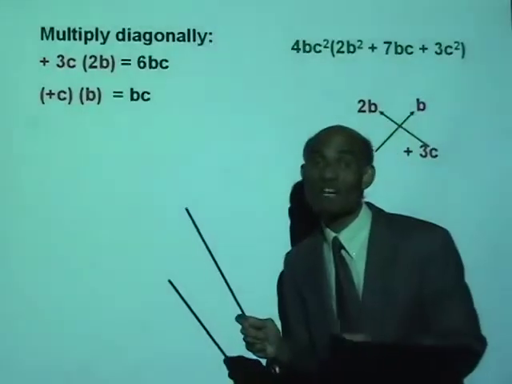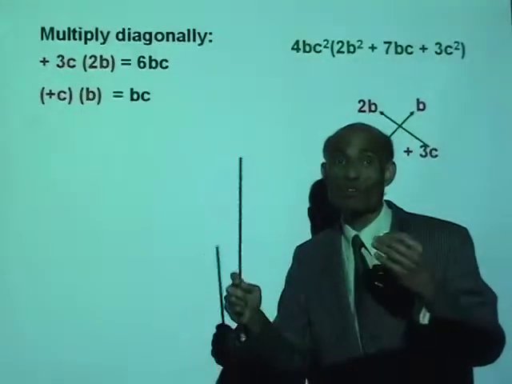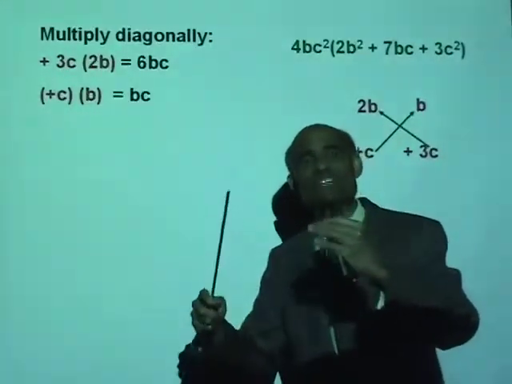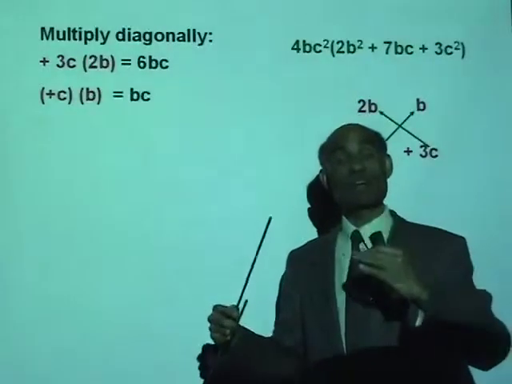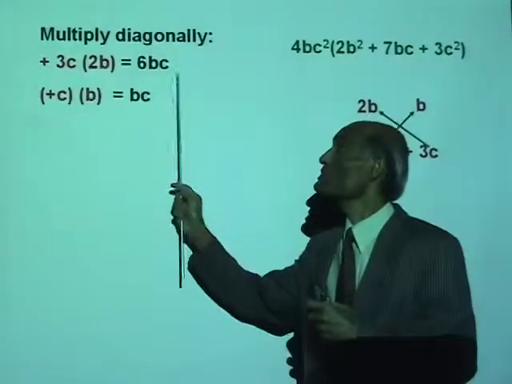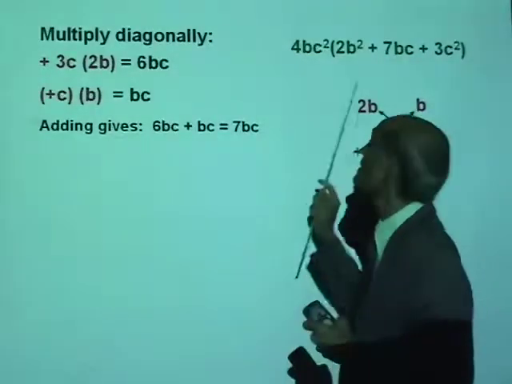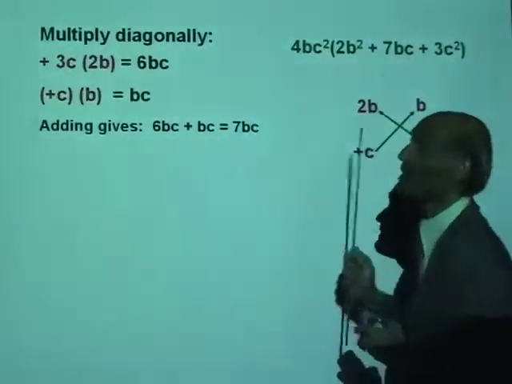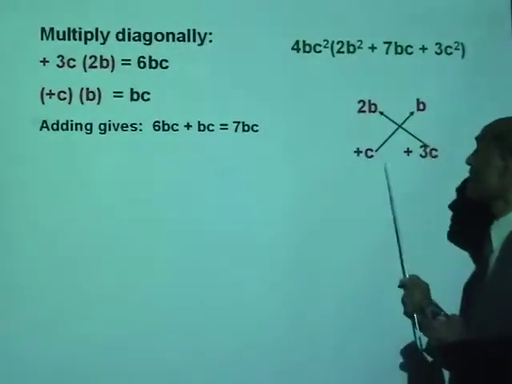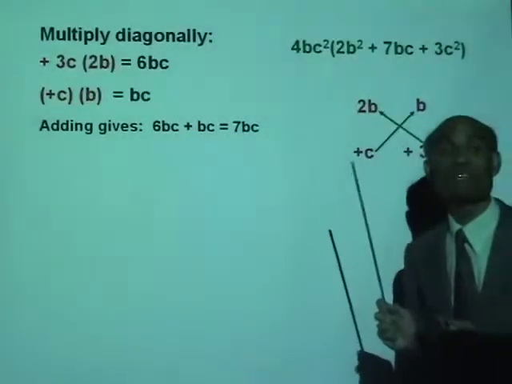Now, do you understand the rationale of my argument? 3 times 2 is 6. 6 plus 1 is 7. 6bc added to 1bc is 7bc. That is our middle term. That means these are now placed in their proper places.